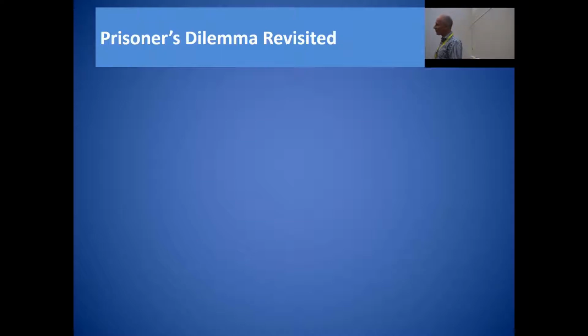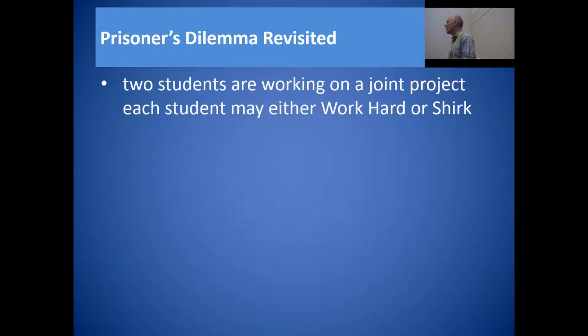The first one, though, isn't a new class of game. I want to revisit that example of the prisoner's dilemma. The reason I want to revisit this example is to show you that it's the way that the game is formulated, the preferences of the players, the outcome that we get, the incentives that players face, that makes a game a prisoner's dilemma.